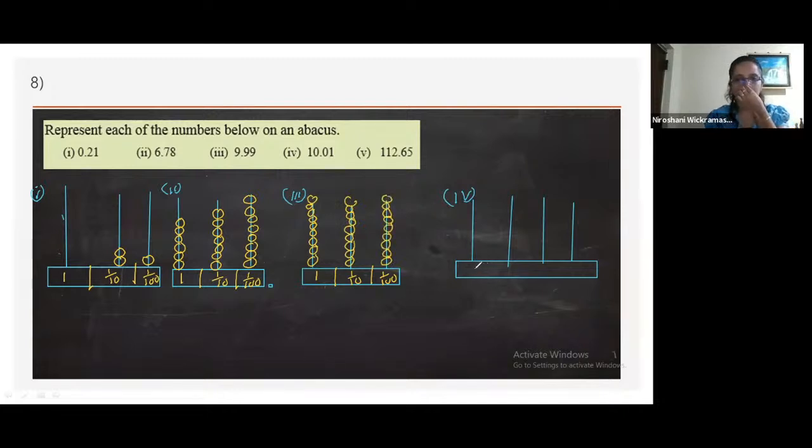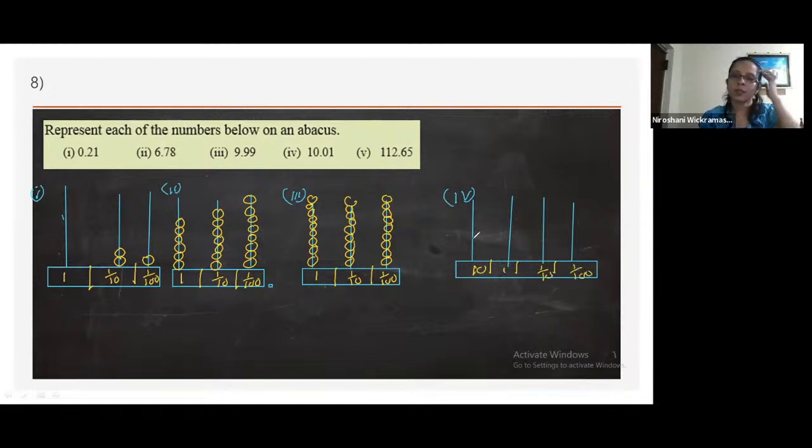9. What about this thing? Can you see this thing here? Tens place, unit place, 1/10th, 100.